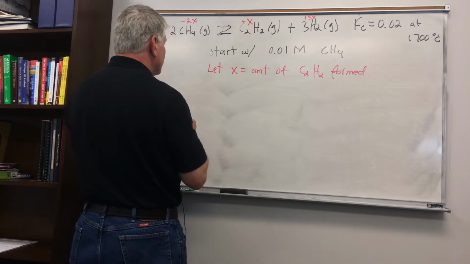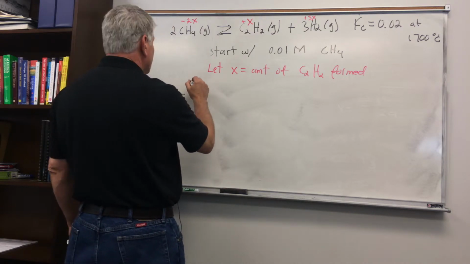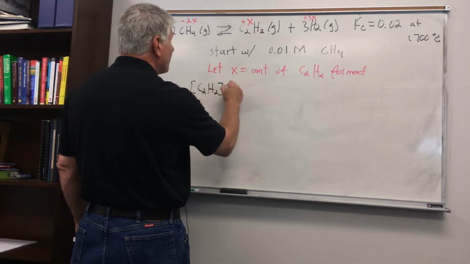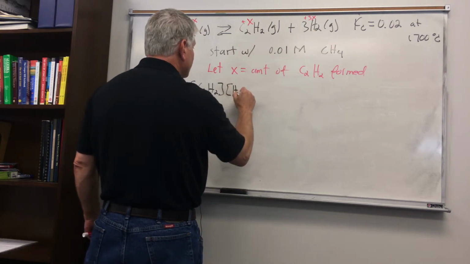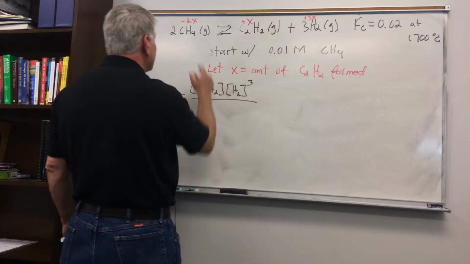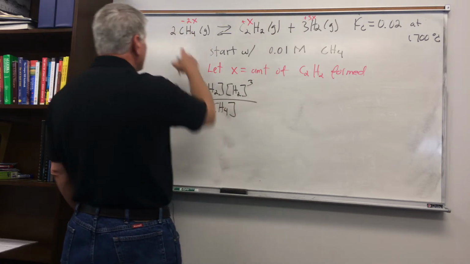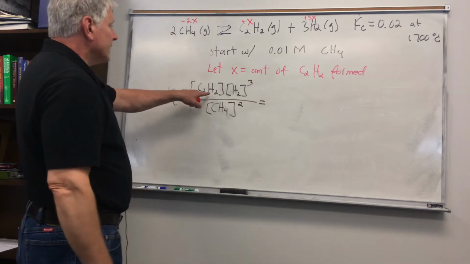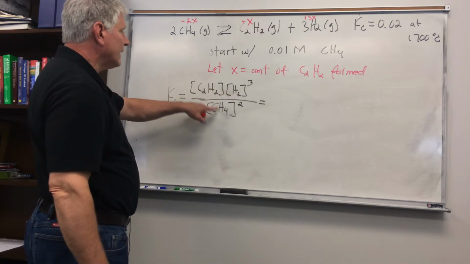if I write the equilibrium constant, this is equal to the concentration of C2H2 raised to the first power times hydrogen concentration raised to the third power divided by CH4 concentration raised to the second power. And so initially there's no product, only reactant.